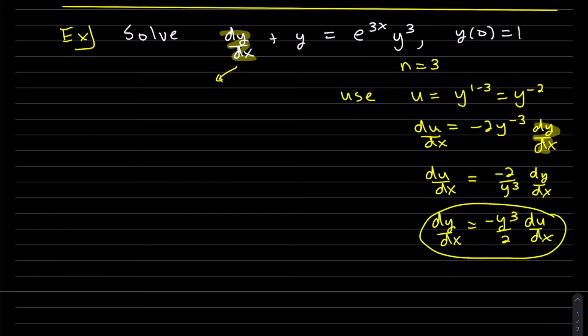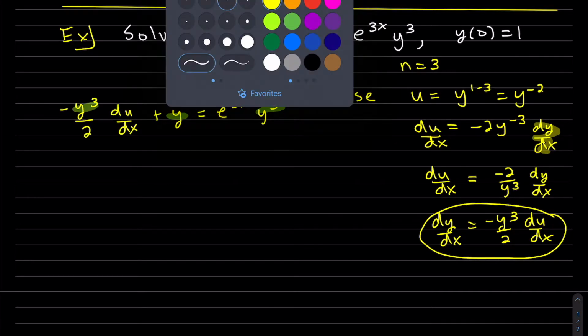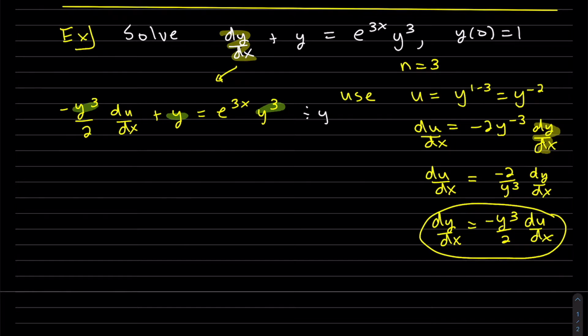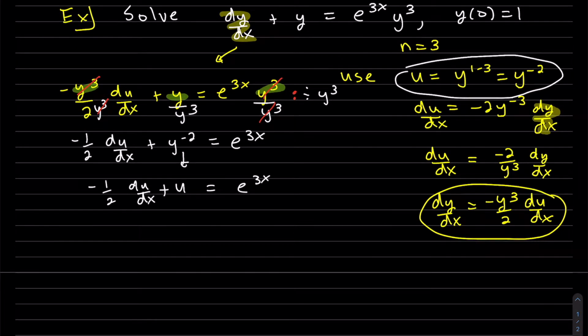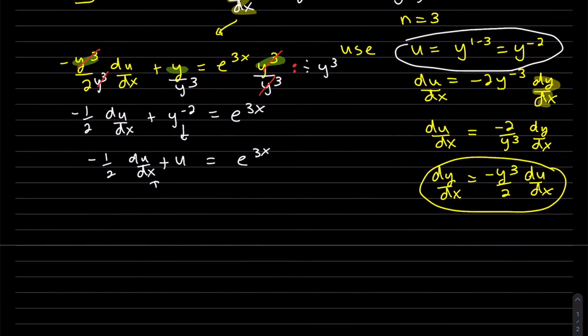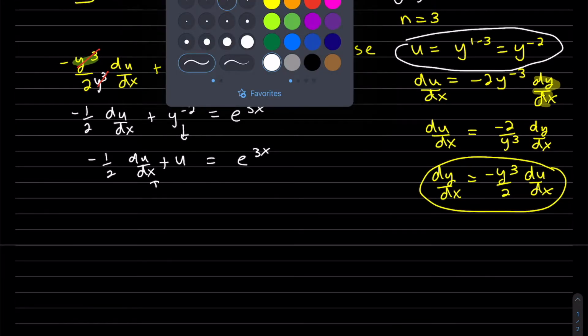Substitute it into the equation. So we're going to divide by y to the third like we did above. So it looks like we have our u. And now we are linear in u. Just need to get rid of our negative 1/2 in the front. Get it in standard form.